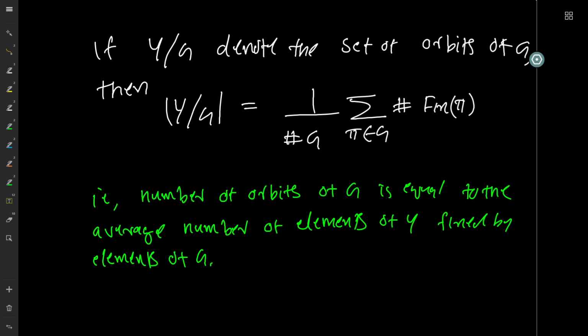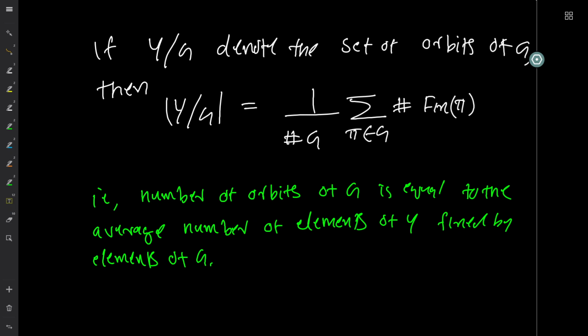So the elements which are taken by the action of a group, like if I take one element, it goes to a subset of the elements, and these subsets form an equivalence class, and that is an orbit, and so we get this orbit.